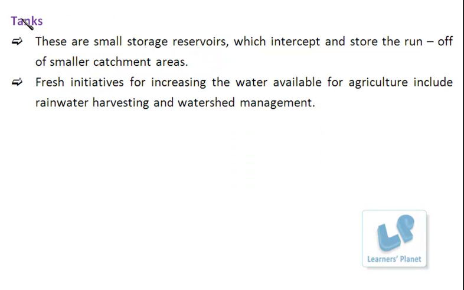Next is the tank, and these tanks are basically the storage reservoirs. They are meant for storing the water. See, during the raining season, the water is drained away, right? And in such type of system, the tanks are maintained, or in the catchment area, such type of units are developed where this rainwater is collected.